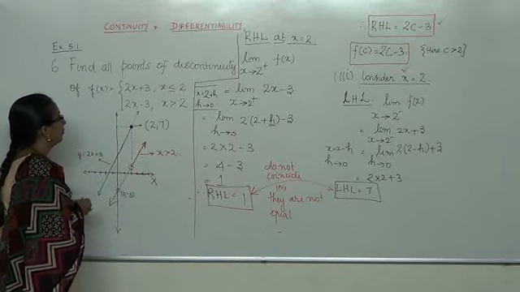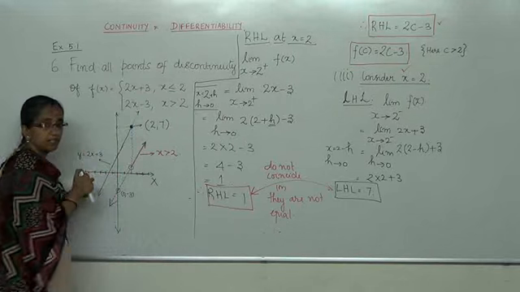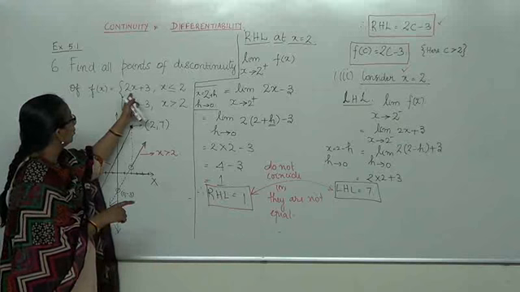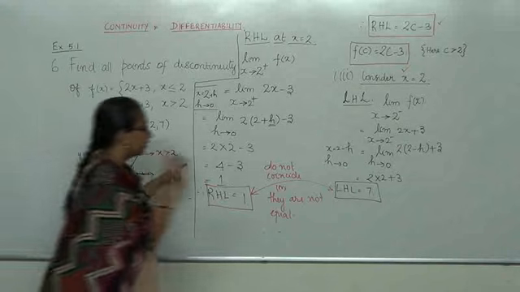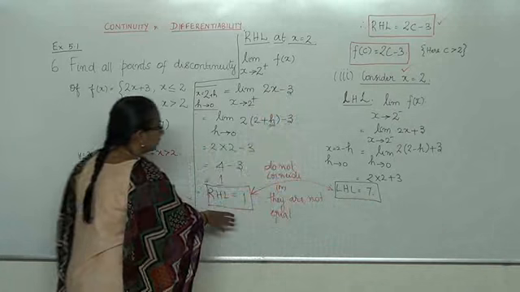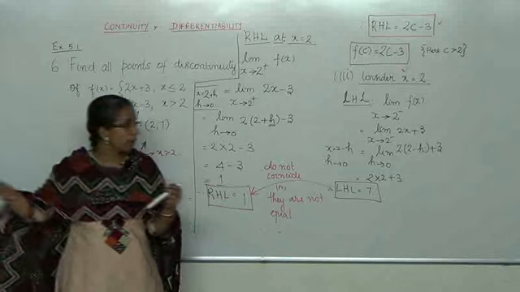When x is equal to 2, what happens to f of x? It will take the form 2x plus 3, and so when x is equal to 2, the value of the function will be 2 into 2 plus 3, which is 7, and you can see that it coincides with the left hand limit, but it is not equal to the right hand limit. So this also we should be showing in the problem.